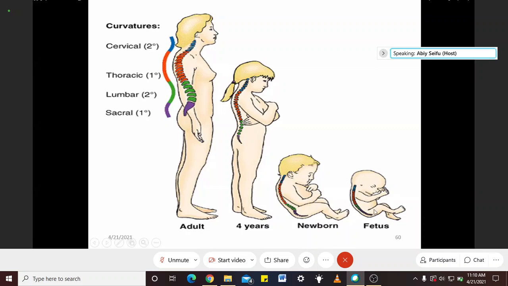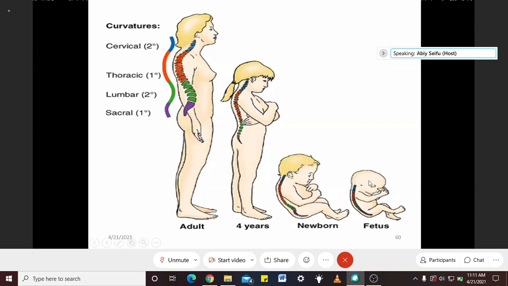The fetus is in a flexed position. This increases the volume of the abdominopelvic cavity to accommodate the pelvic visceral organs, and the room in the uterus does not allow for a standing position.